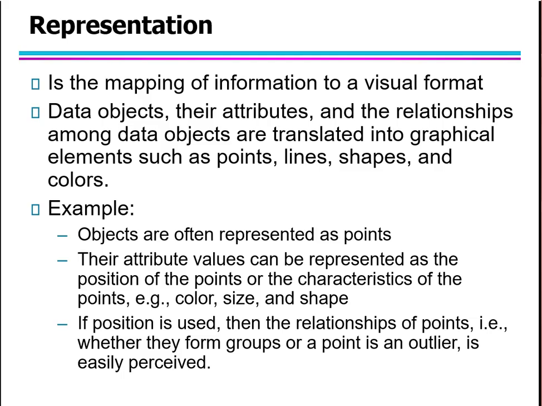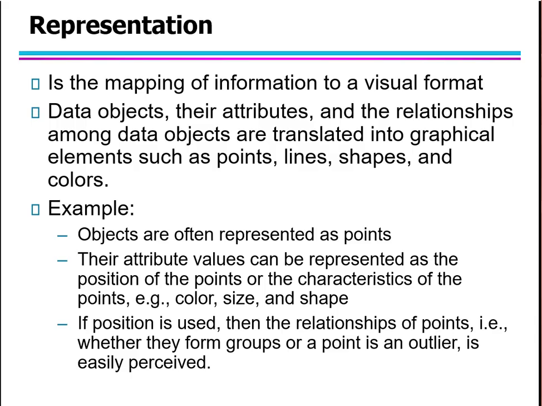Representations. In data visualization, representation refers to the mapping of information to a visual format. Data objects, their attributes, and the relationships among them are translated into graphical elements such as points, lines, shapes, and color.